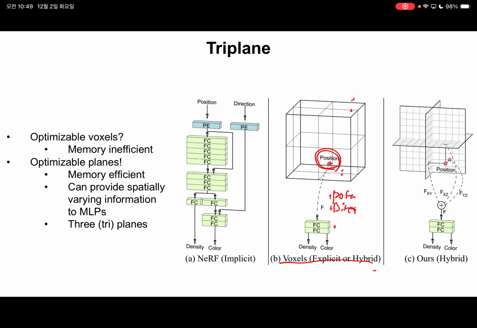Voxel feature means, for example, if we have an image where this is blue and this is red, then we can interpolate some colors. It might be purple, it might be blue, it might be red. We can interpolate color from images. Likewise, we can perform interpolation on the 3D space, that is the trilinear interpolation, so that we can provide additional information to MLPs, which is spatially varying information.